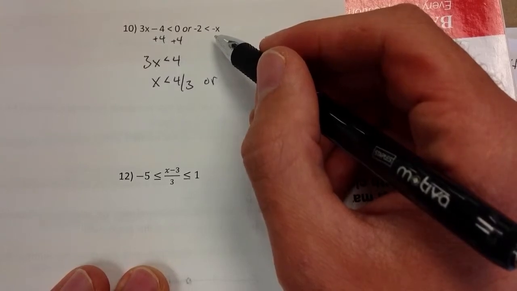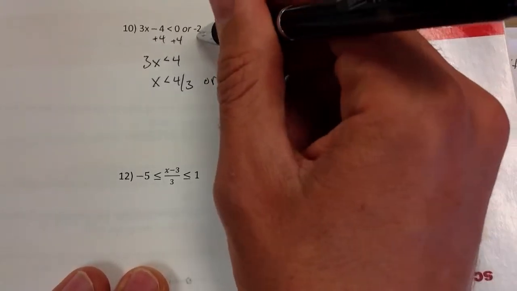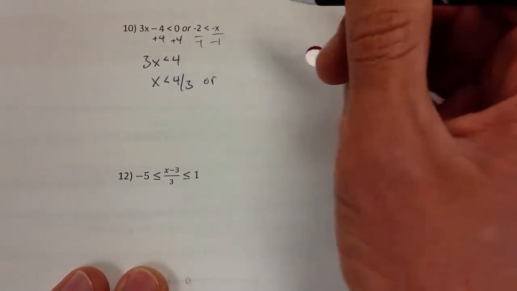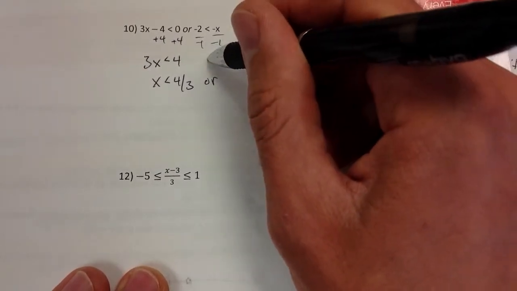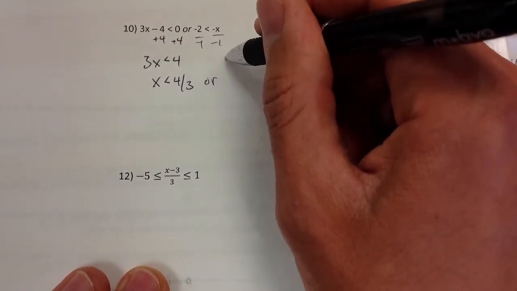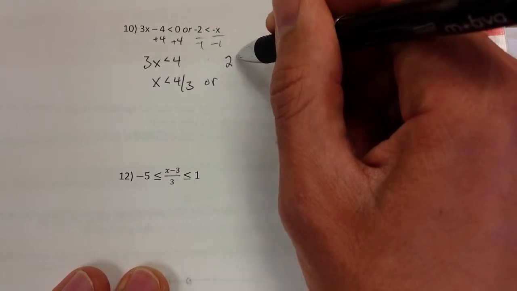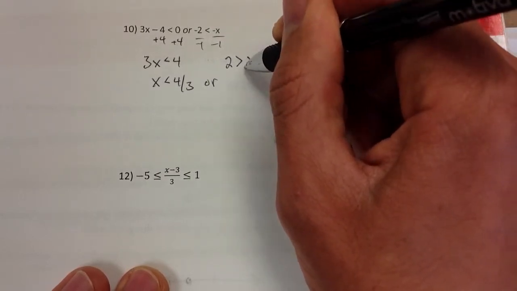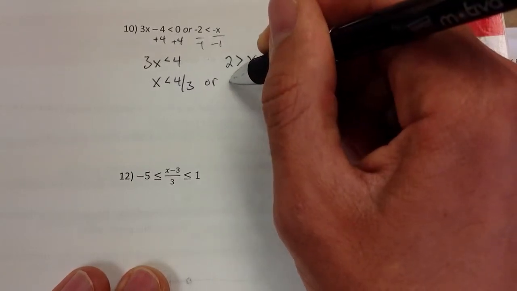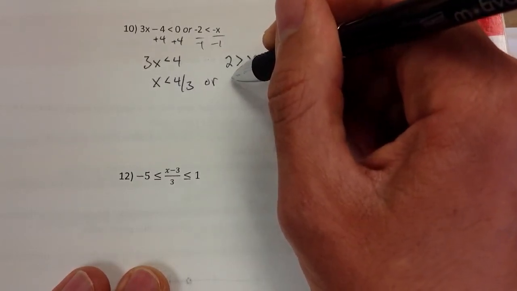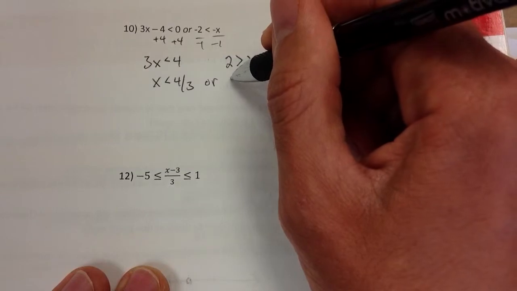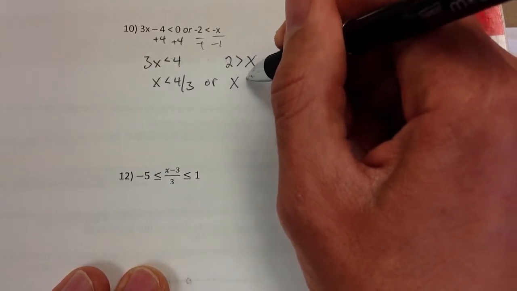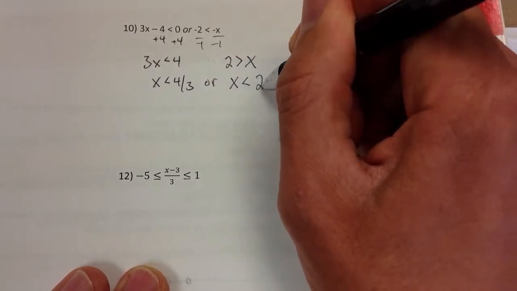Yeah, Nikki. Divide by negative 1. Very good. Just keep in mind that you must flip the inequality sign. So we get 2 is greater than x, which is the same thing as saying that x is less than 2.